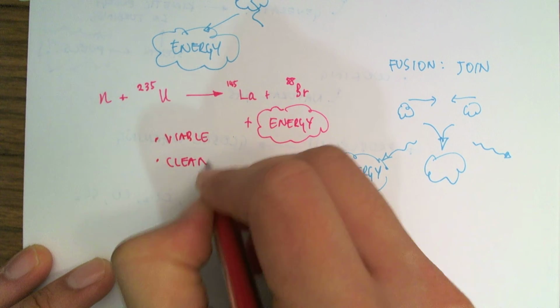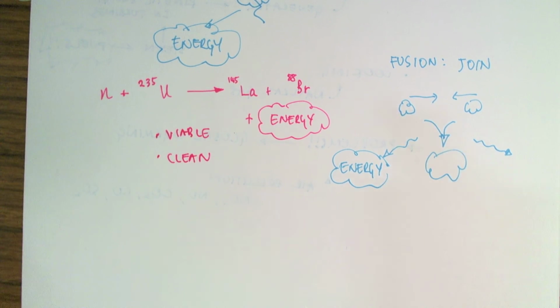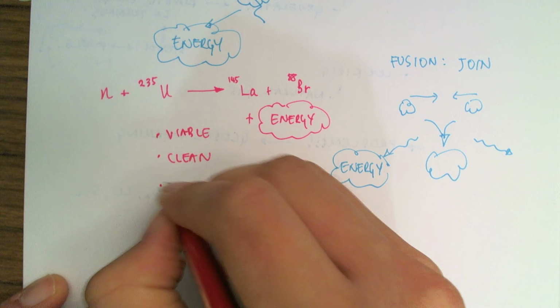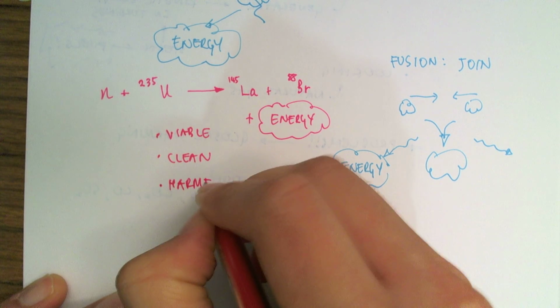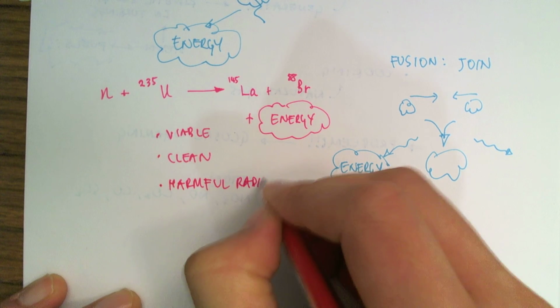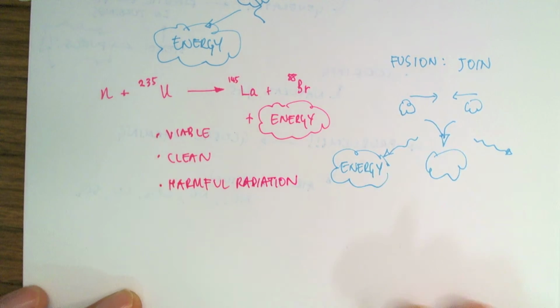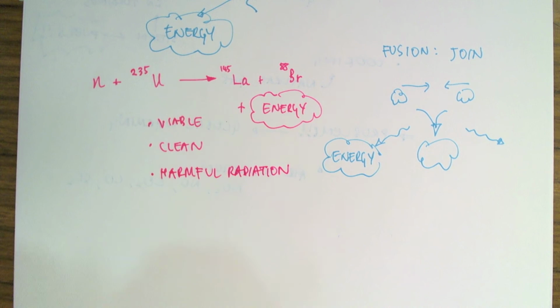There are no greenhouse gases like in burning fossil fuels, no carbon dioxide, no acid rain, right? Because you don't get any nitrogen oxides, no sulfur oxides. So incredibly clean, and with current technology also very safe. However, having said that, it does give off harmful radiation, which can hurt humans.